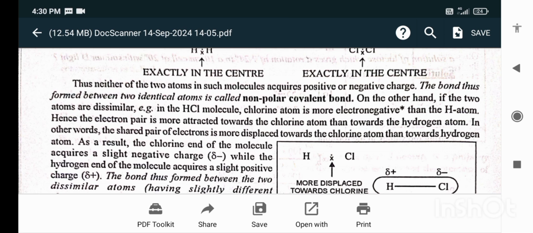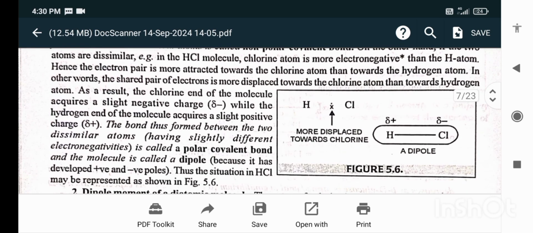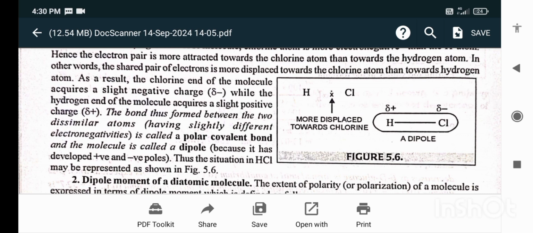As a result, the chlorine end of the molecule acquires a slight negative charge while the hydrogen end acquires a slight positive charge. The bond thus formed between two dissimilar atoms having slightly different electronegativities is called a polar covalent bond, and the molecule is called a dipole because it has developed positive and negative poles.